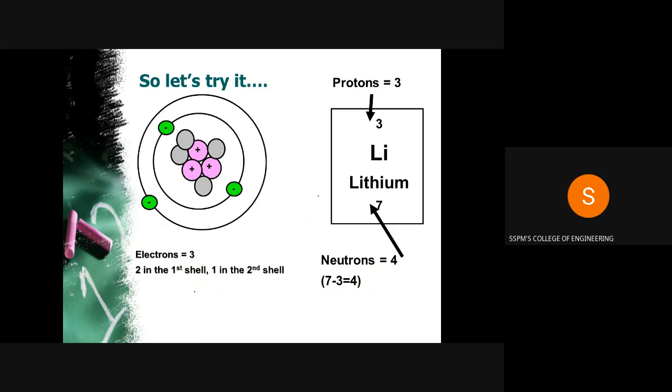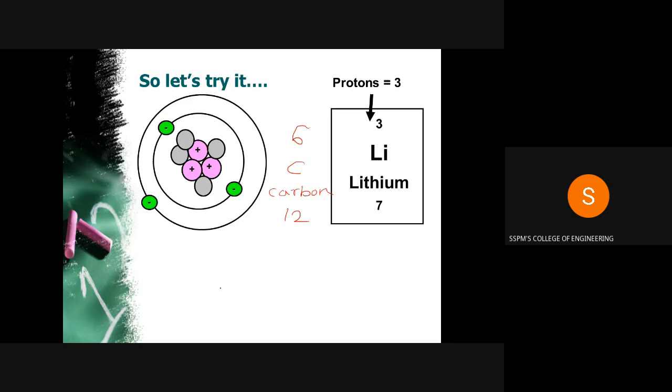So you can first calculate the number of protons and neutrons. Protons are equal to 6, and electrons are also 6, because the number of protons and the number of electrons are the same, equal to the atomic number.